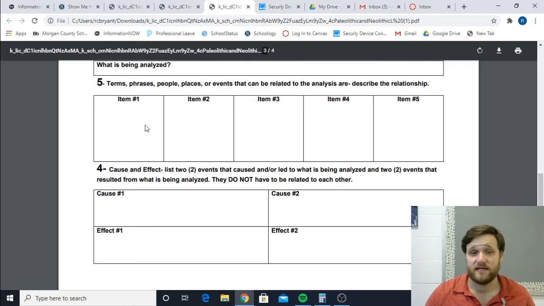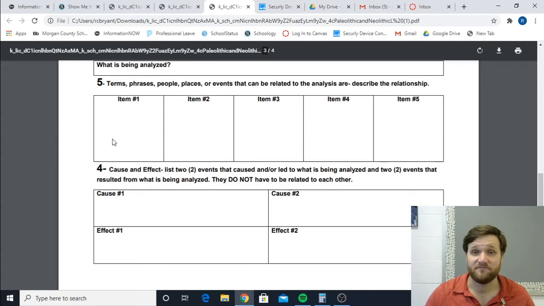It's the same as I said in the other 5, 4, 3, 2, 1 explanation video. This can be any of those. You could have 5 people. You could have 5 places. You could have 5 events. You could have 2 people, 3 events. You could have 2 places, 2 events, and a place. This is any combination of those 5 things.